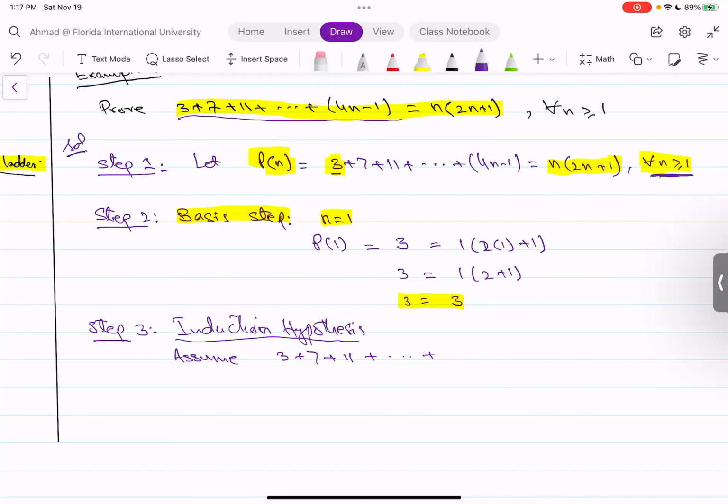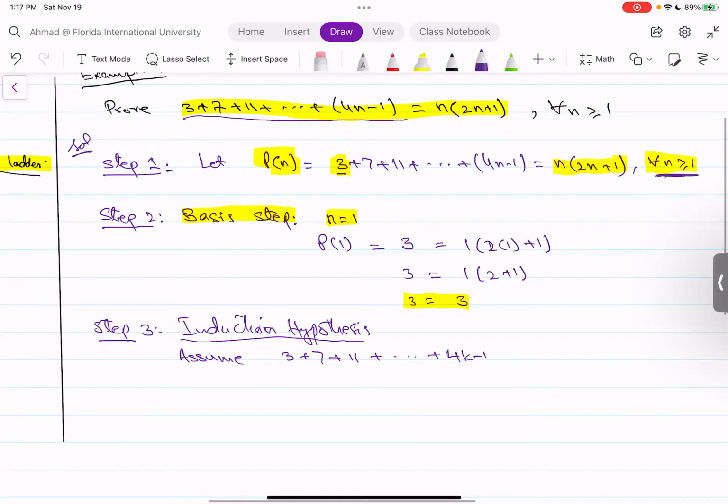Okay, so 4k minus 1, which is the kth term, 4k minus 1 is equal to k times 2k plus 1. Yes, we are going to change n with k because now we are assuming that this is true for the k value, for the kth step, for the kth rung of the ladder, not for the nth value, right? Okay, now this is my induction hypothesis that I have set up, that this is true for the kth rung.